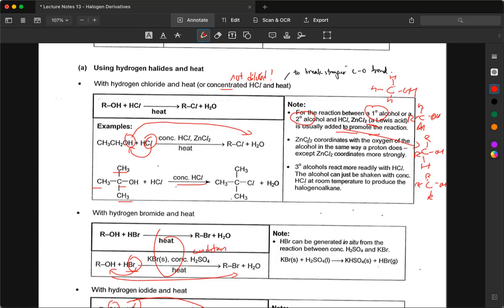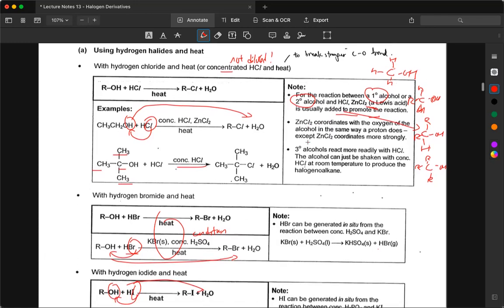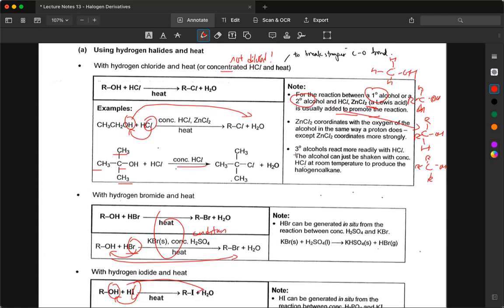The zinc chloride coordinates with the oxygen in the alcohol the same way a proton does, except zinc chloride coordinates more strongly. As for tertiary alcohols, they react more readily with HCl. The alcohol can simply be shaken with concentrated HCl at room temperature without heating to produce the halogenoalkane.